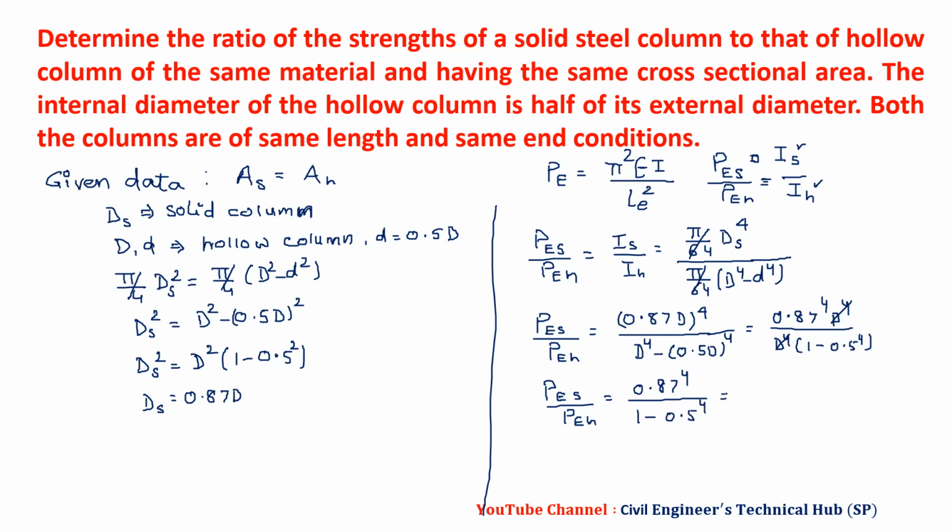And if we solve this, it comes to 0.61. And therefore PES upon PEH is equal to 0.61.